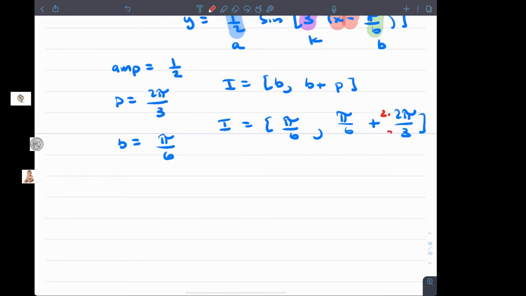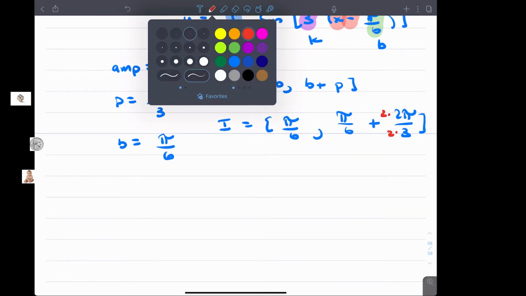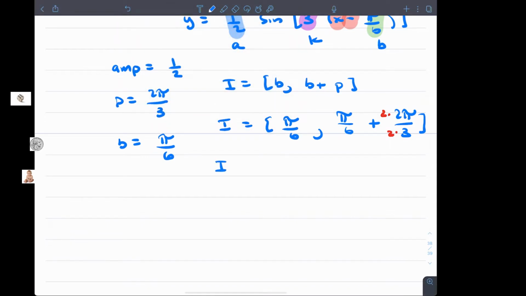So now 2 times 2, is that right? Is that pi over 6 plus 4 pi over 6, which gives you what? 5 pi over 6. You guys see what I'm saying? You get better and better if you start practicing that kind of arithmetic, because 2 times 2 pi, isn't that 4 pi? Right, and then 4 pi plus 1 pi will be 5 pi. So far, so good?